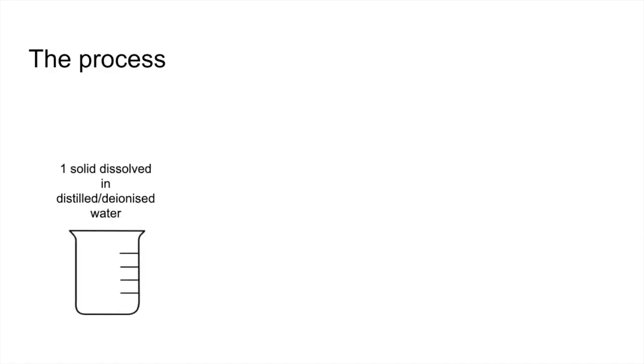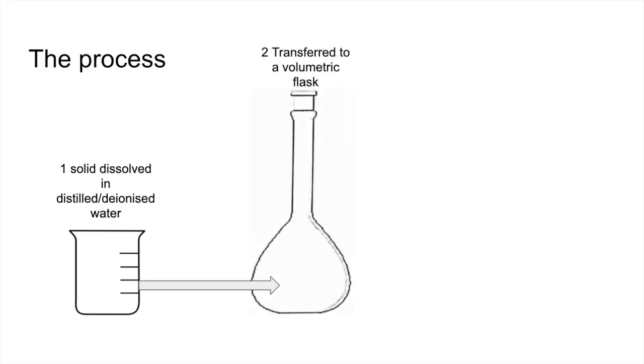So before we go into the questions, I'm just going to go through the process that's typically involved in these types of calculations. They normally start with a solid being dissolved in some distilled or deionized water. That's then transferred into a volumetric flask, and obviously the volume of the volumetric flask would be given.